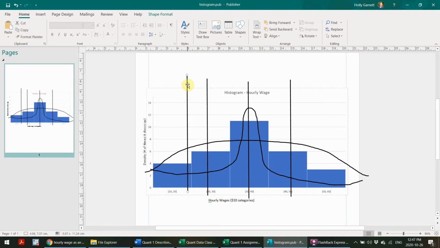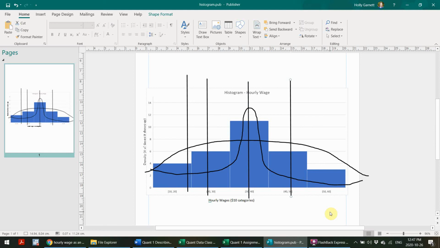You are much lower. And so in that way you can tell if somebody says, oh, I make $70, you'd be like, oh, that's quite a few standard deviations from the mean. If the mean is $35 and you're making $70 an hour, then your distance from the mean is 35.